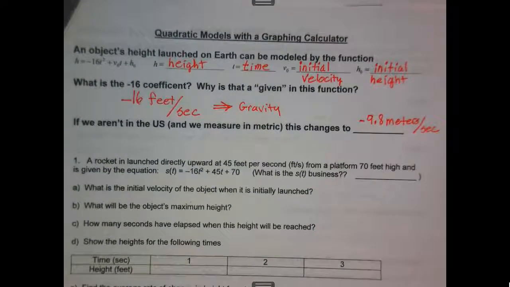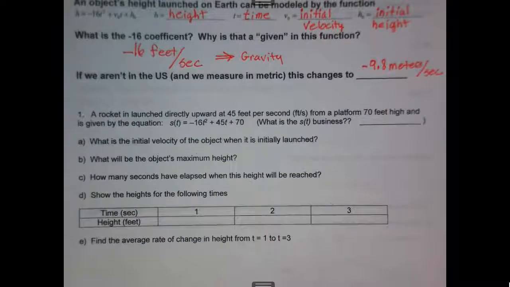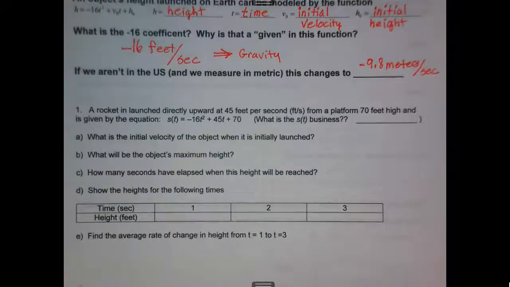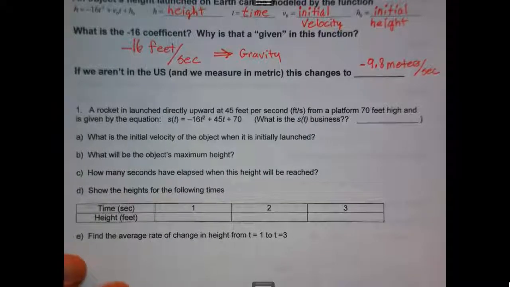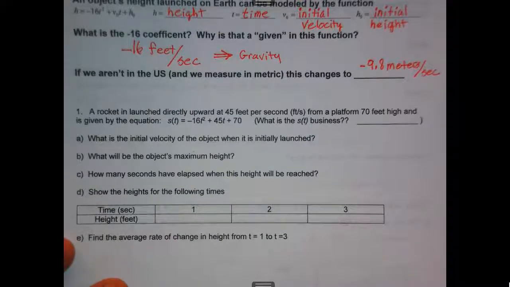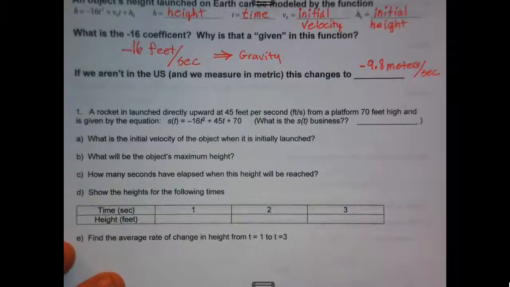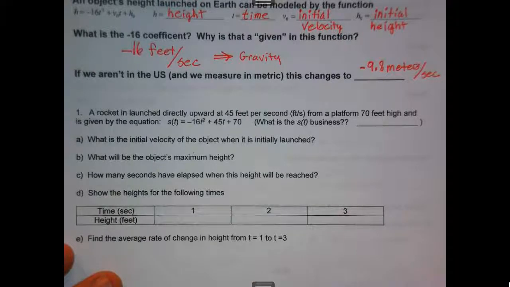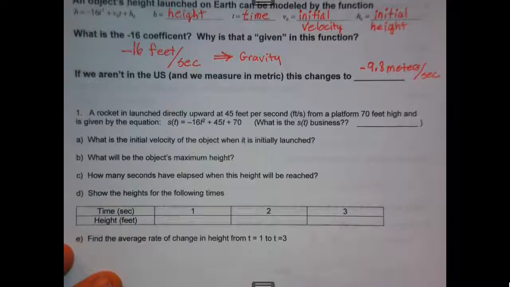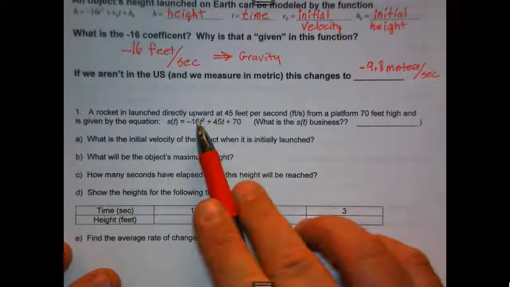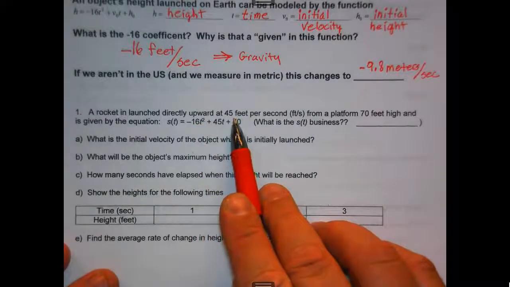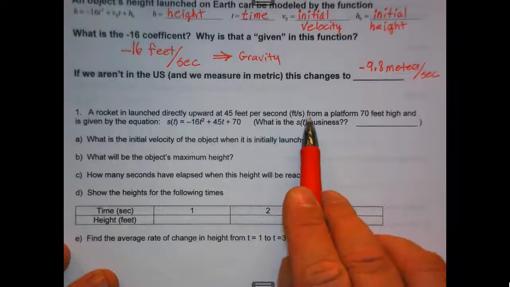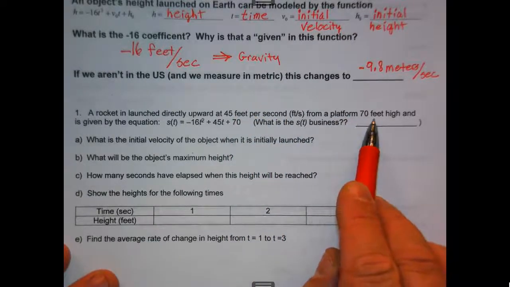Are you ready, kids? All right, let's do an example problem. A rocket is launched directly upward at 45 feet per second from a platform 70 feet high.